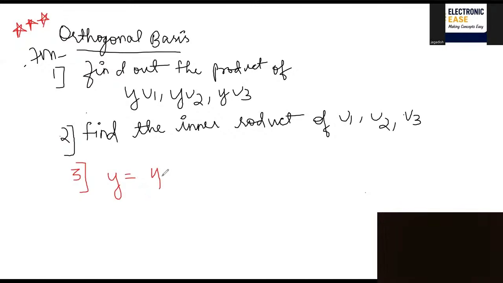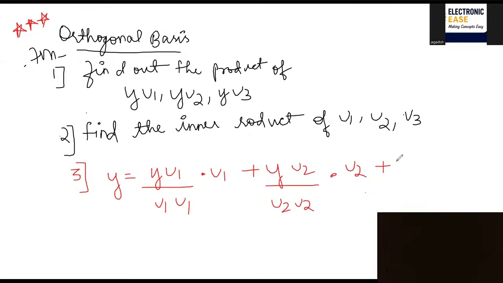So you will have y into u1 divided by u1 into u1, that is the inner product, into u1, plus y into u2 divided by u2 into u2, into u2, plus, this is the equation. These are the steps you need to remember, children.